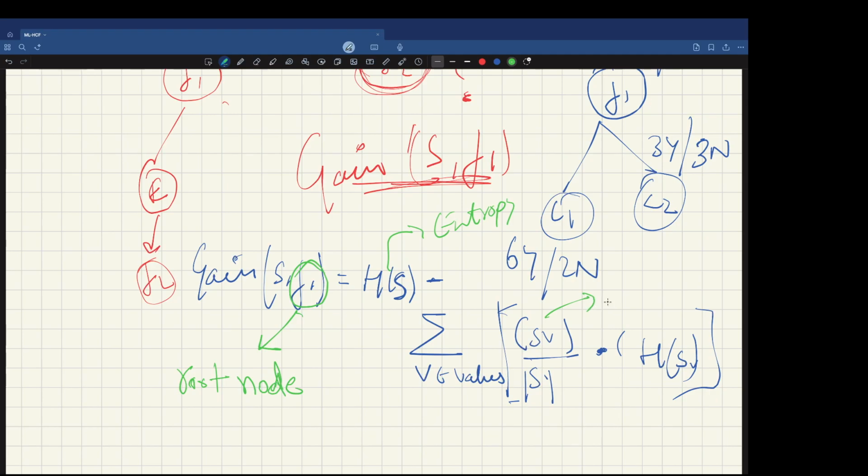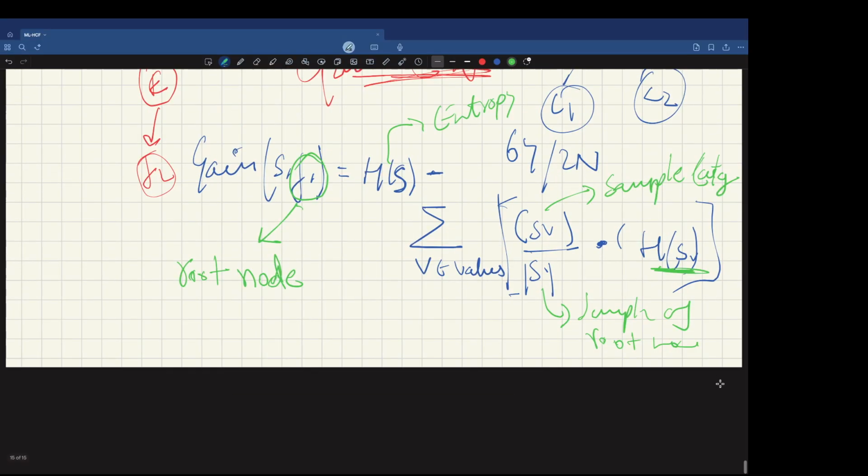This is your sample category, and this is your sample of the root node, then again the entropy of that sample category, right?